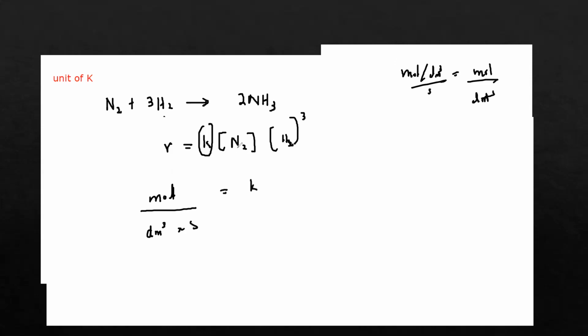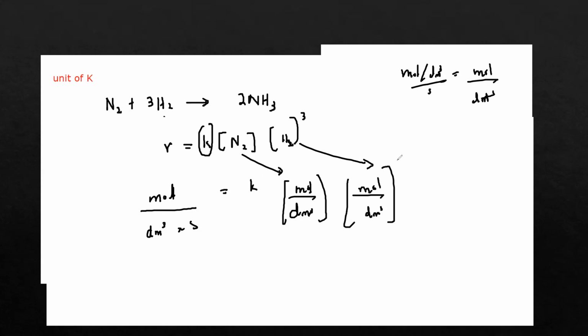k we don't know. What is the unit of concentration? The unit of concentration is mole per dm cube. That is the unit for nitrogen concentration, and for hydrogen concentration the unit is mole per dm cube, but that is raised to power 3. So the mole per dm cube will cancel with the mole per dm cube on the other side, and it is 1 over second.